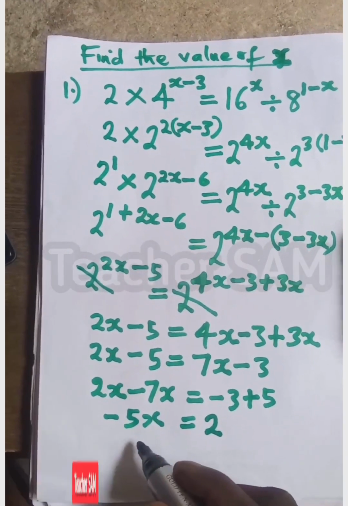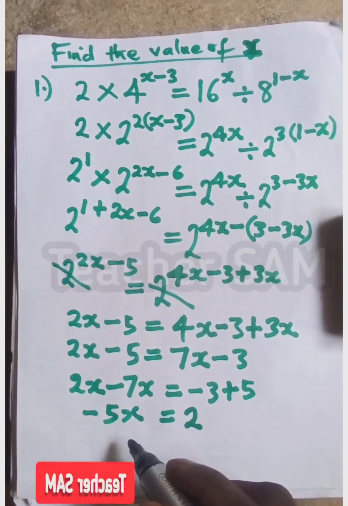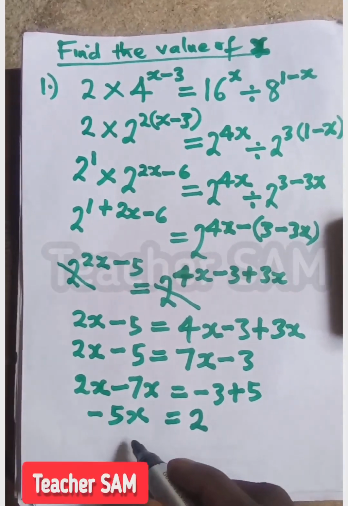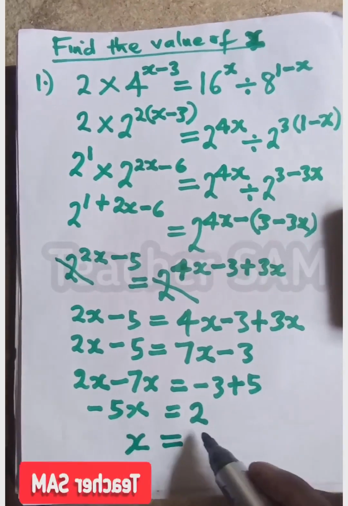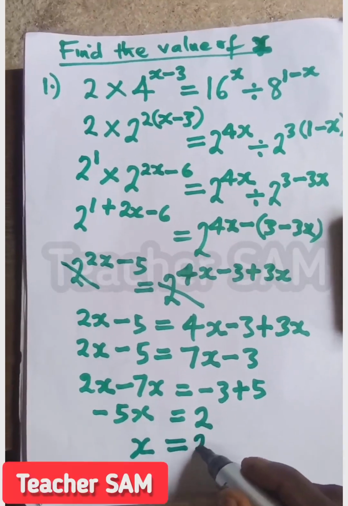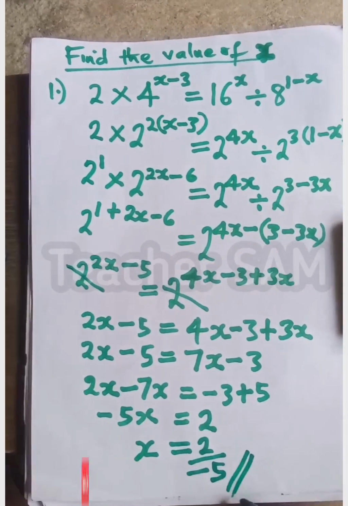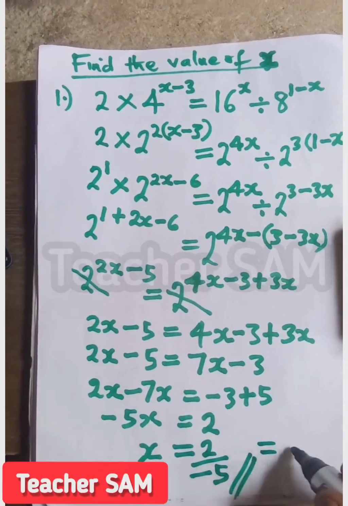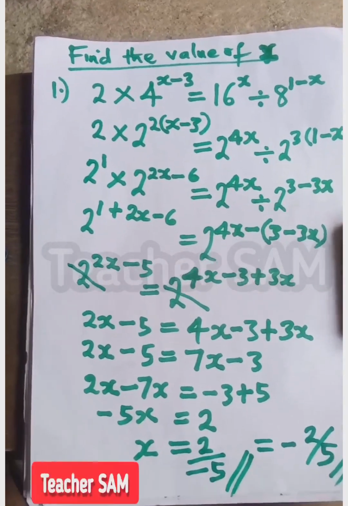So that our x, by the time we divide both sides by the coefficient of x, minus 5, we have x equals to 2 all over minus 5. So that is our answer to that question. You can write it this way, minus 2 over 5.